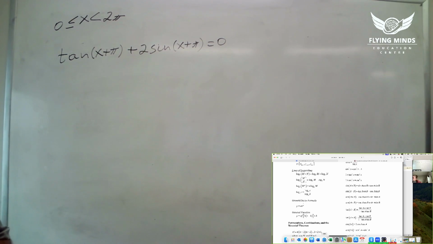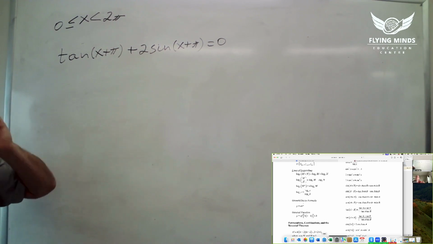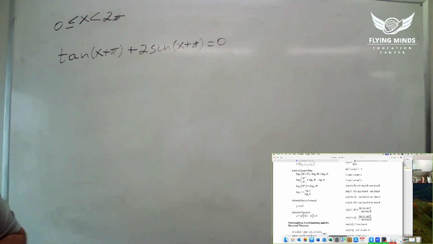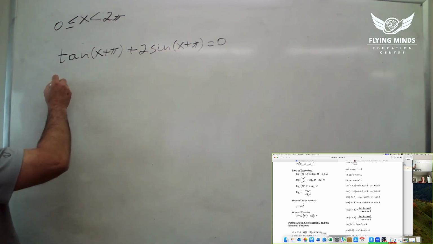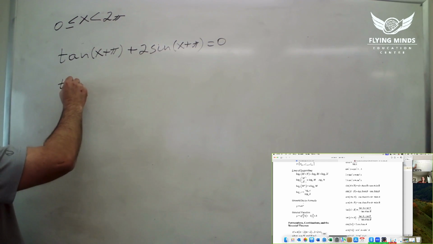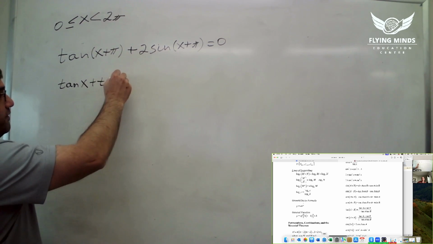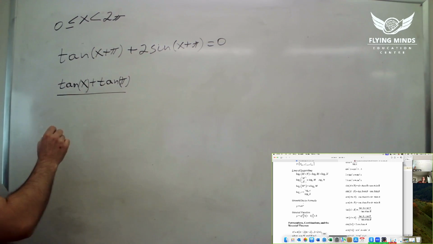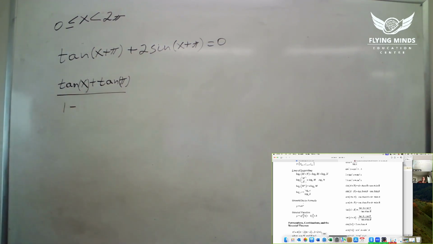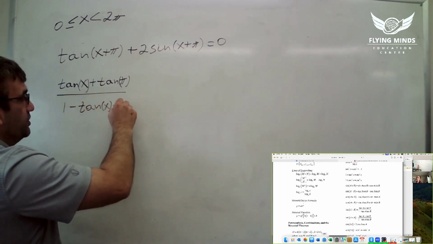Okay, so what can we use? Tangent of a sum of angles, right? We can replace this as tangent of x plus tangent of pi, over 1 minus tangent of x times tangent of pi.